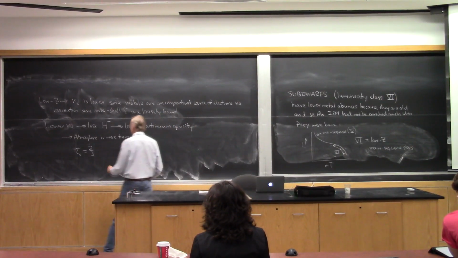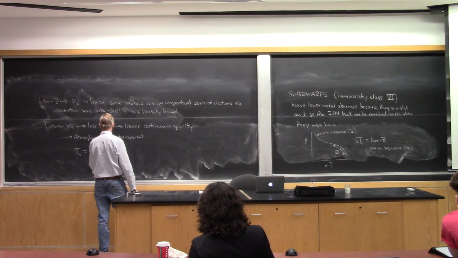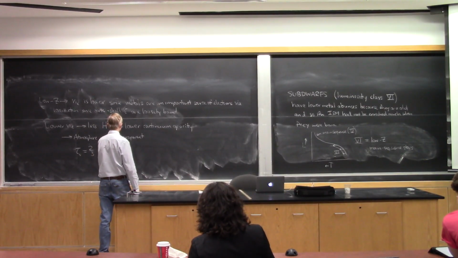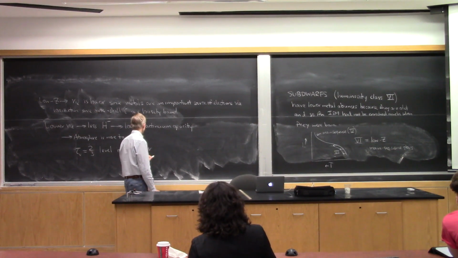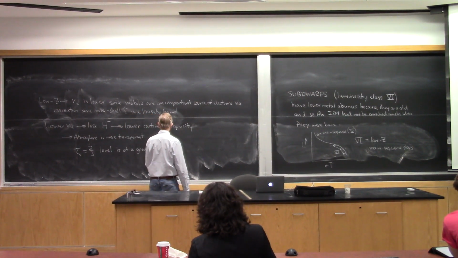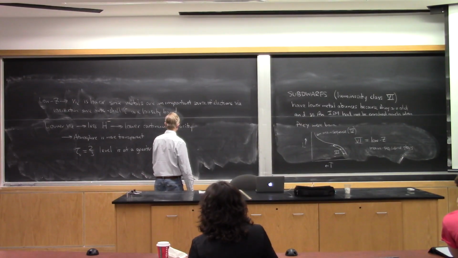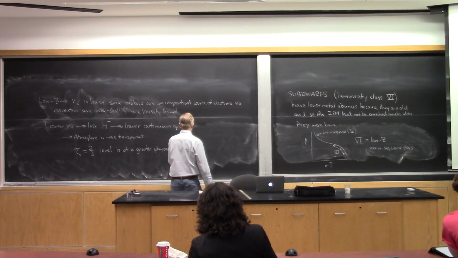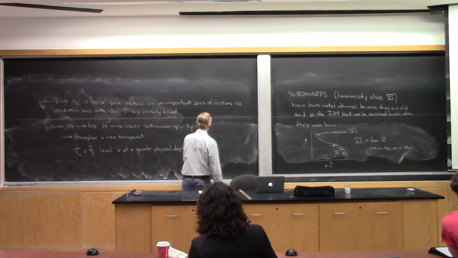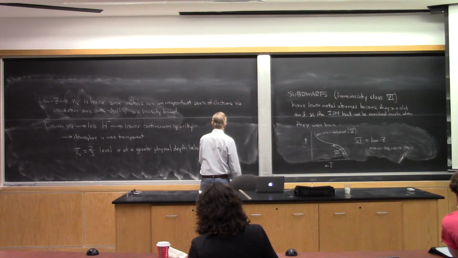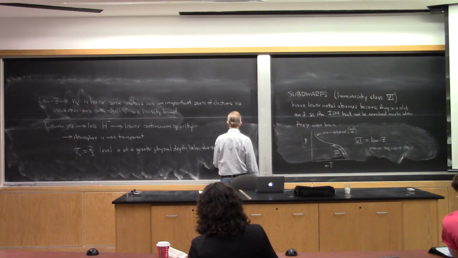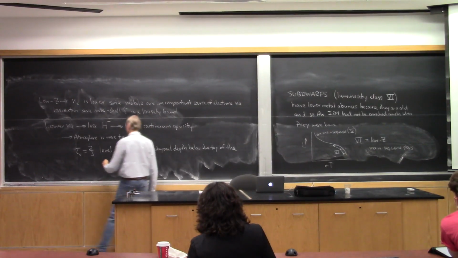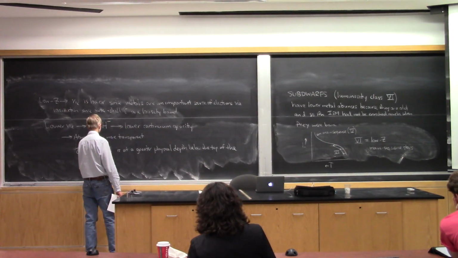The tau equals 2/3 level is at a greater physical depth below the top of the atmosphere in these stars. And of course, remember, top of the atmosphere is a bit of a myth. It doesn't suddenly stop, but shh, you know what I mean. We just have to pick some level where we say, it's practically nothing above this.